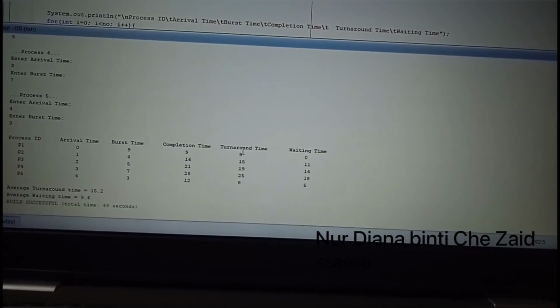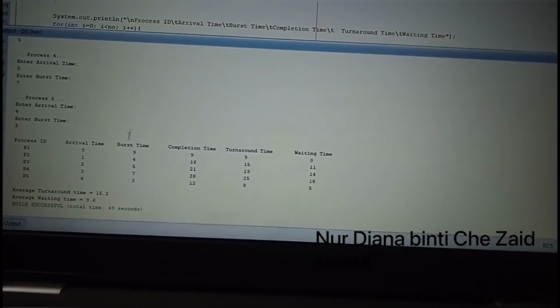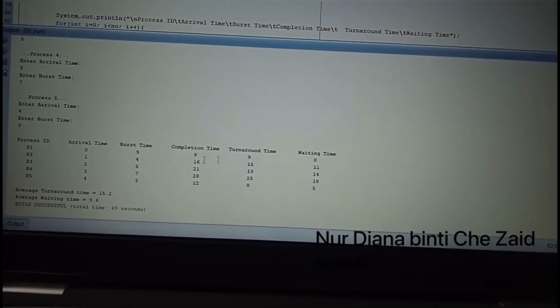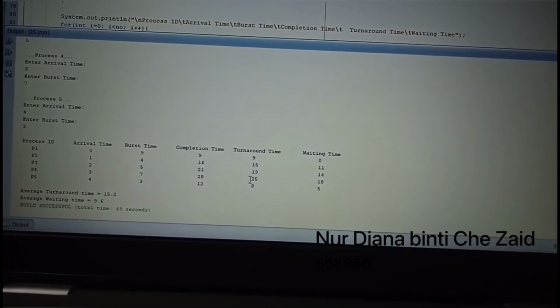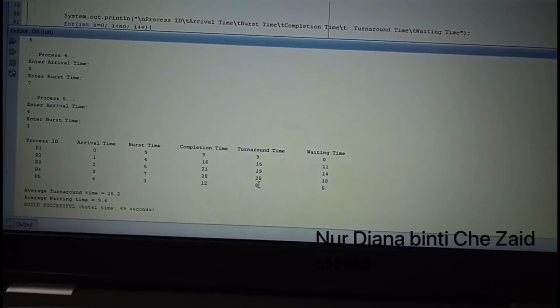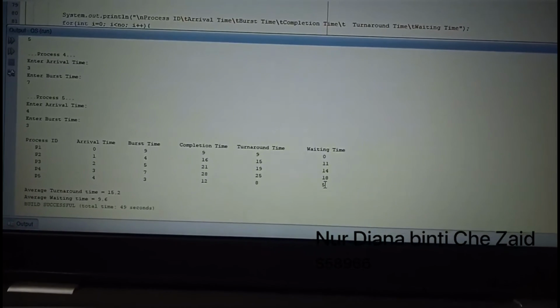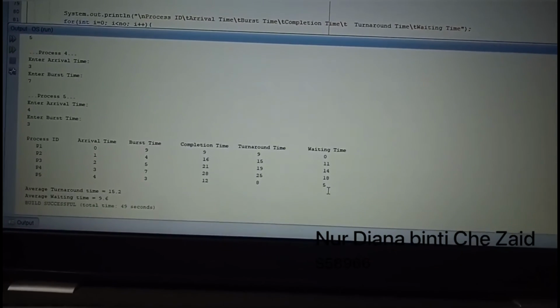And for the waiting time, turnaround time minus burst time. So 9 minus 9 is 0. 15 minus 4 is 11. 90 minus 5 is 15. 25 minus 7 is 18. And 8 minus 3 is 5.